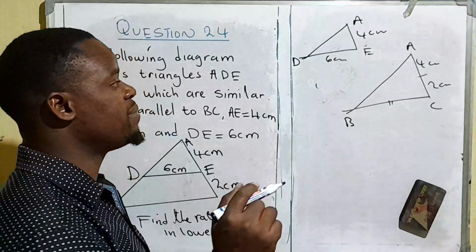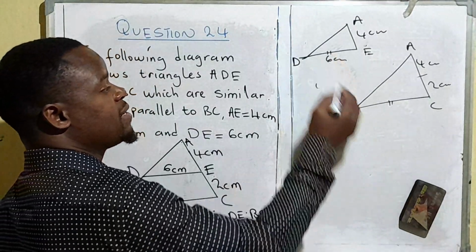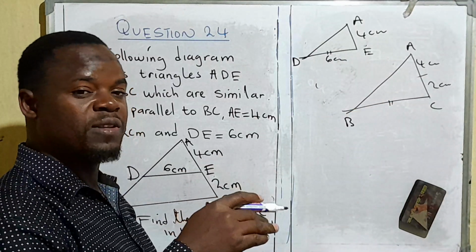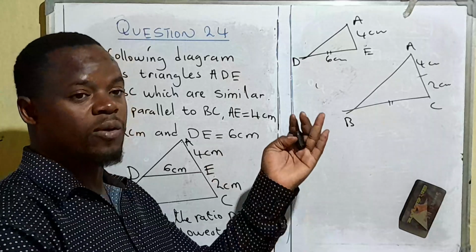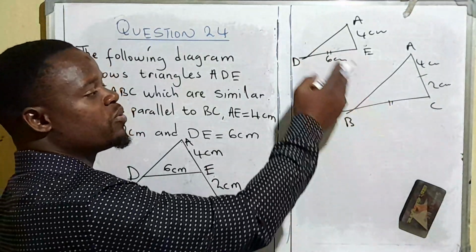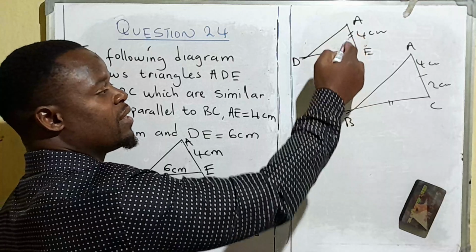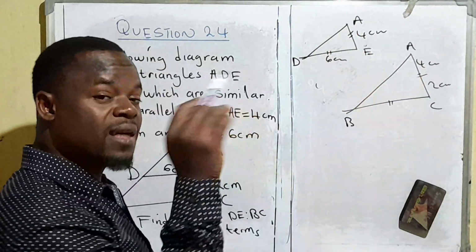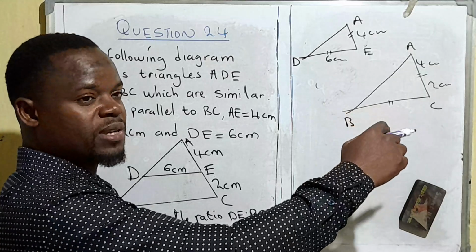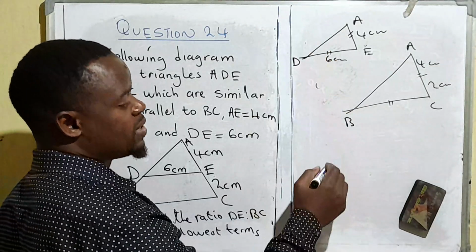What they want us to determine are the ratios for this side and this side, right? So we will make use of the sides whose dimensions are known. Since we don't know this side, we know this one. We're not going to make use of these sides, but we'll make use of these two sides. If we find their ratios, then we have found the ratios for the other two sides, right?